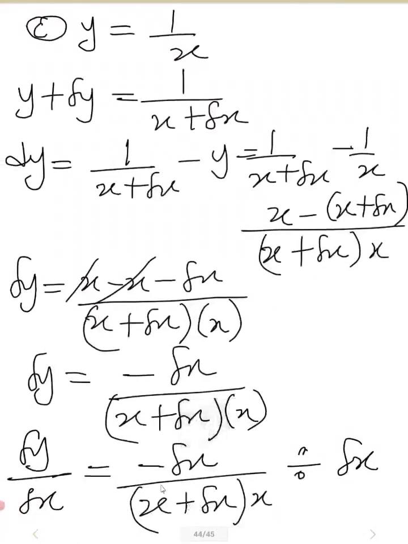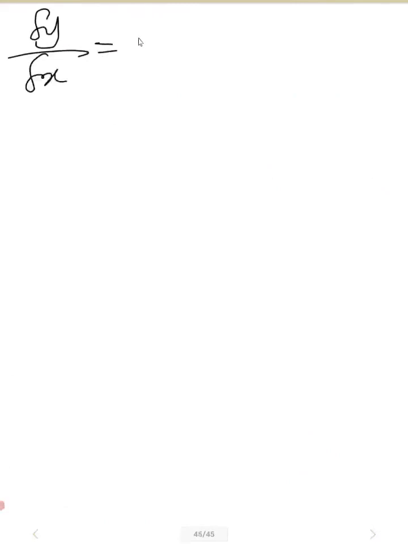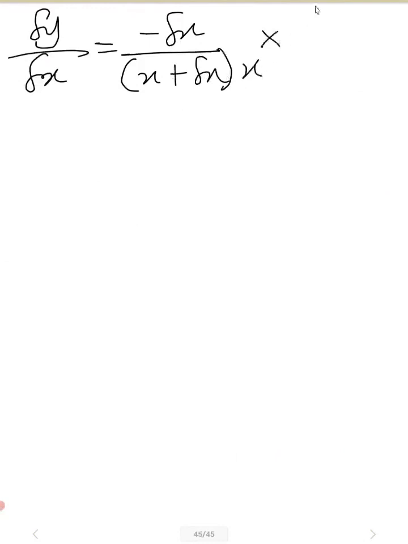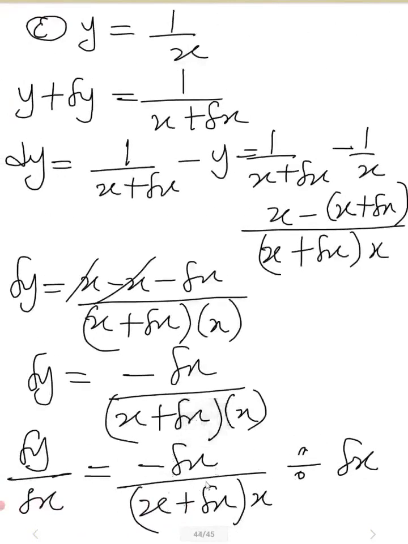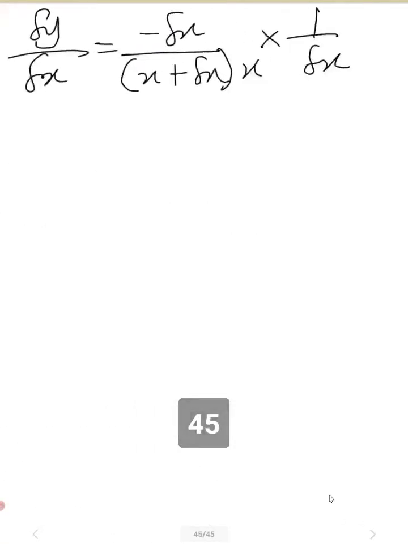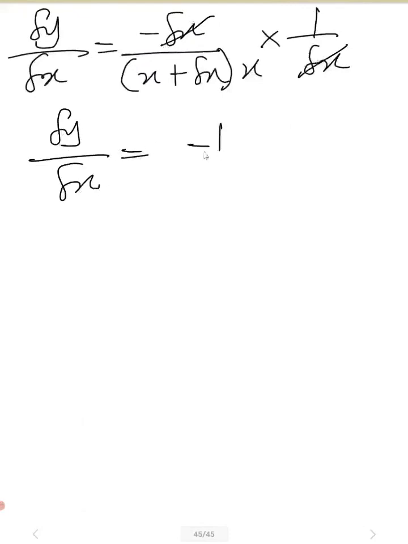You write change in y over change in x is equal to minus change in x over x plus change in x bracket x times 1 over change in x. Remember that you have to divide it by change in x. So when you now change to multiplication, it will be the reciprocal. This will cancel this, meaning that dy over dx is equal to minus 1 over x plus change in x onto x.